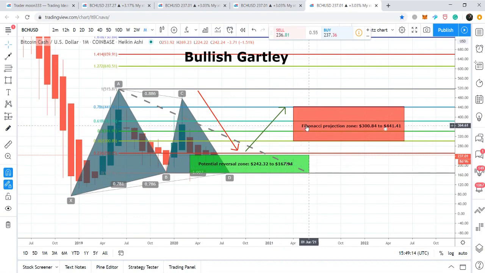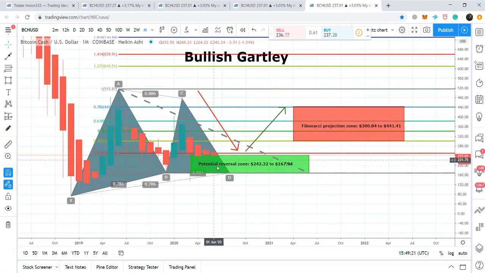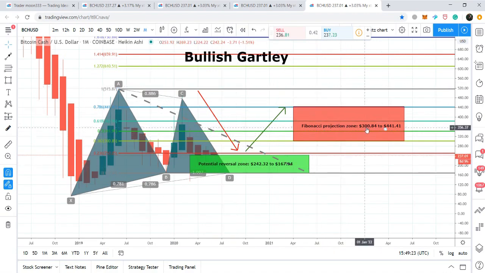And our potential sell zone, or this Fibonacci projection zone of the A to D leg, starts from $300 up to $441. But it is not mandatory that when the price moves up to this level, it will drop down.